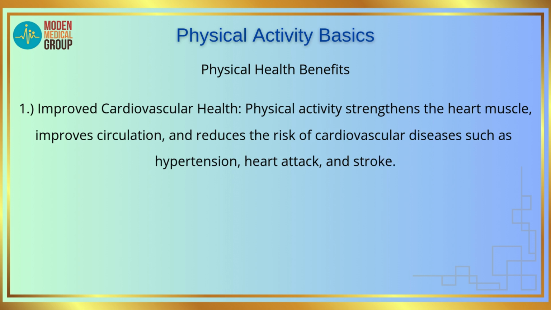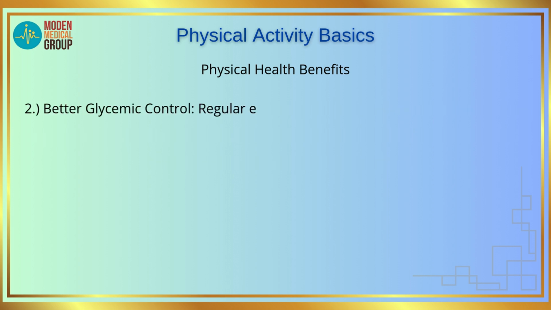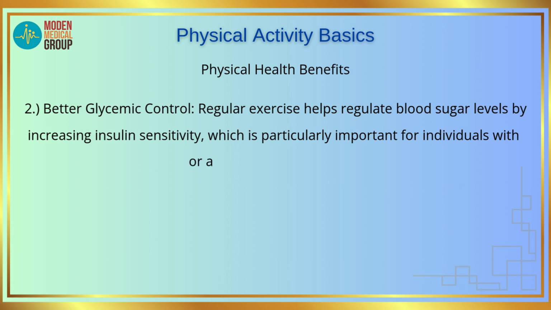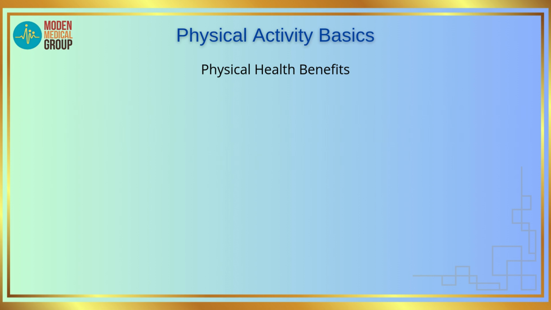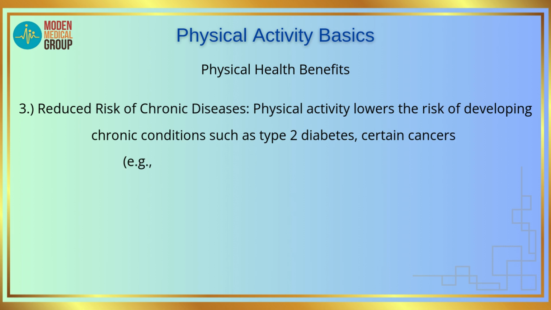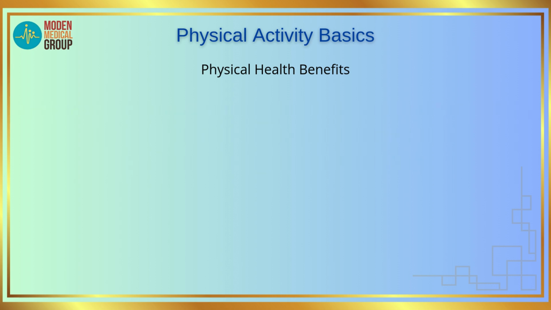and stroke. 2. Better glycemic control. Regular exercise helps regulate blood sugar levels by increasing insulin sensitivity, which is particularly important for individuals with or at risk of type 2 diabetes. 3. Reduced risk of chronic diseases. Physical activity lowers the risk of developing chronic conditions such as type 2 diabetes, certain cancers, e.g., breast and colon cancer, and osteoporosis. 4.